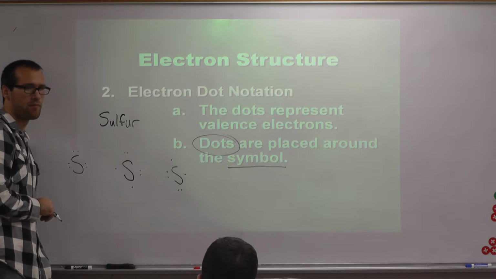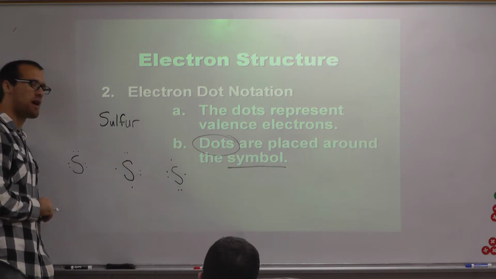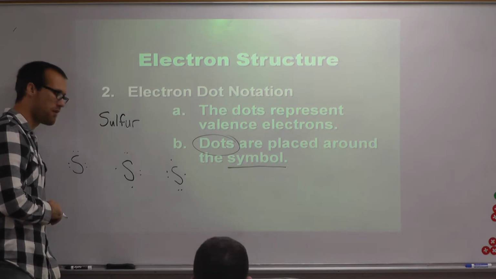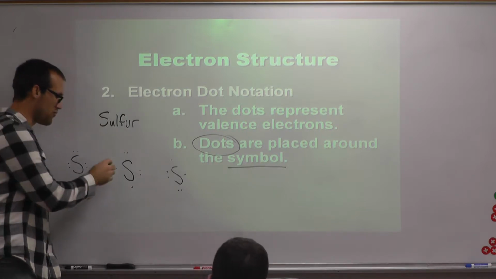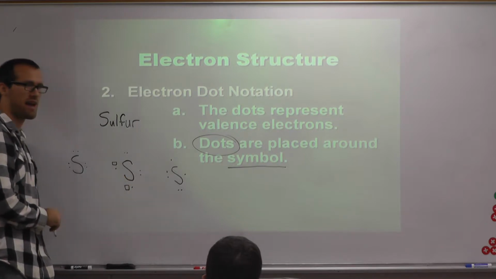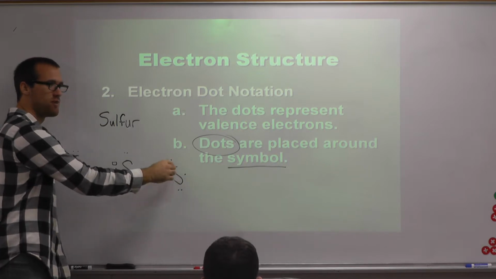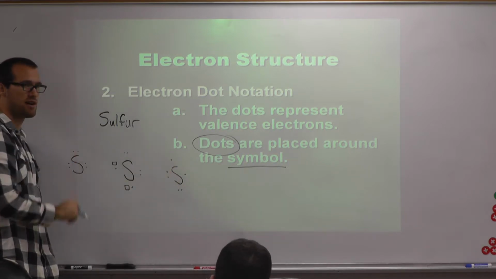That's a no-no. Because what we're going to be doing next chapter is we're going to show how these things bond. Okay? And the regions that aren't paired tell us how many bonds it's going to have. This tells me I have 2 bonds. That tells me I can have 2 bonds. This tells me I can have 0 bonds.